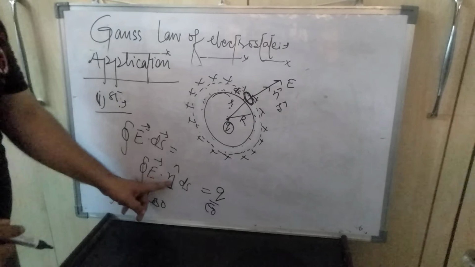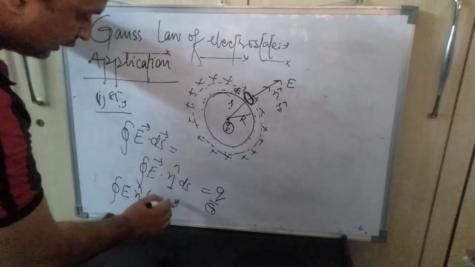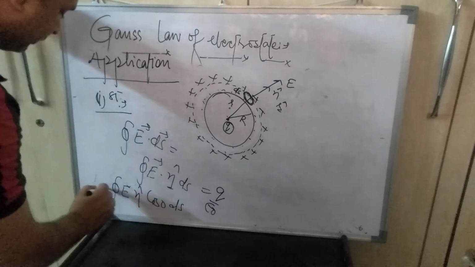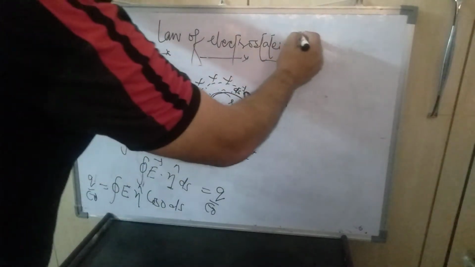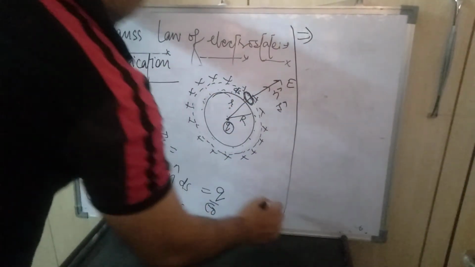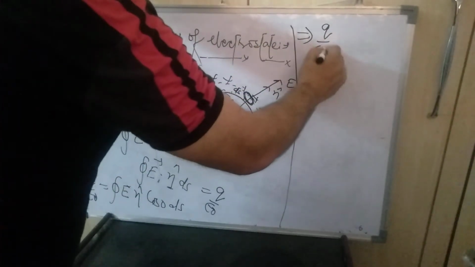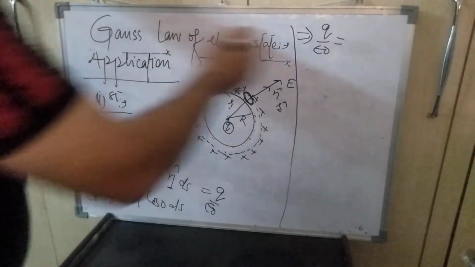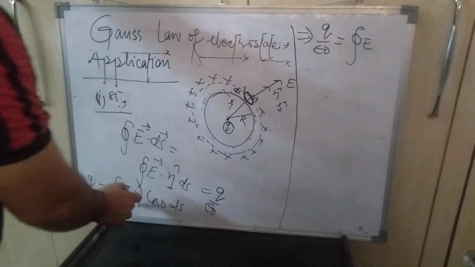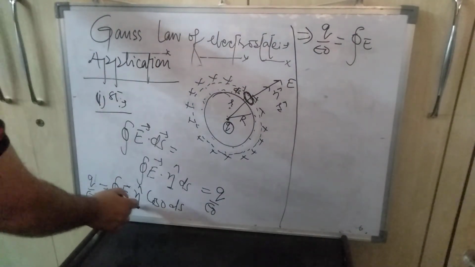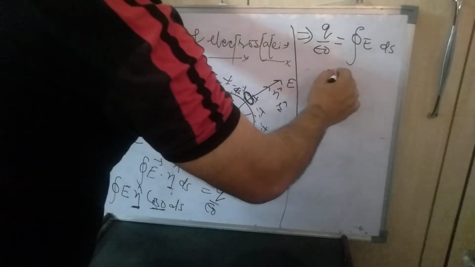That's why here it becomes cos 0, and that integral of ds equals q by epsilon naught. Here the magnitude of eta is 1, and cos 0 is also 1. What it becomes is the integral of E ds, or rather E times the integration of ds.